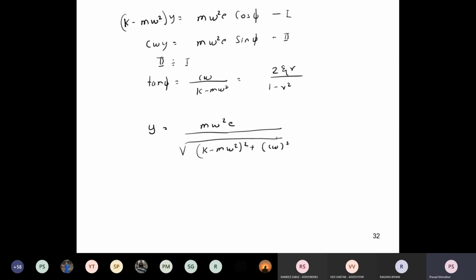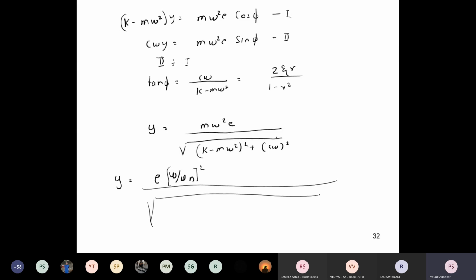And if you remember, this is our familiar format which we have used for our course. I can write it as y is equal to e times (omega by omega n) whole square divided by square root of (1 minus (omega by omega n) whole square) whole square plus (2 zeta omega by omega n) square.